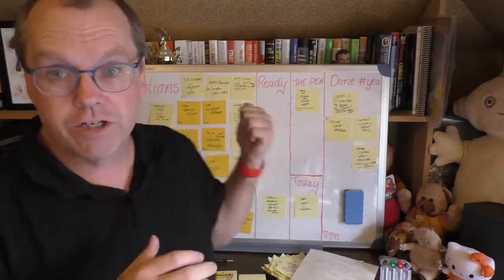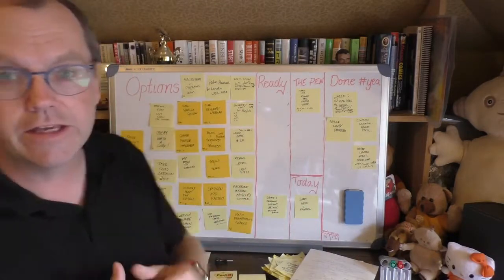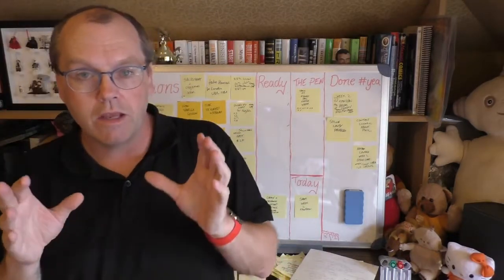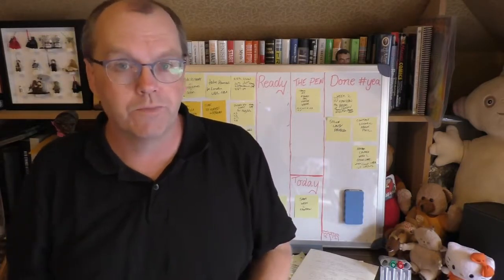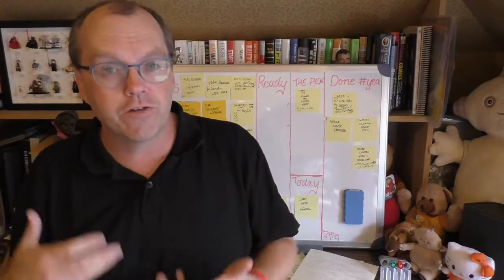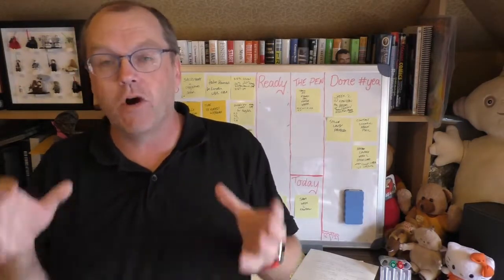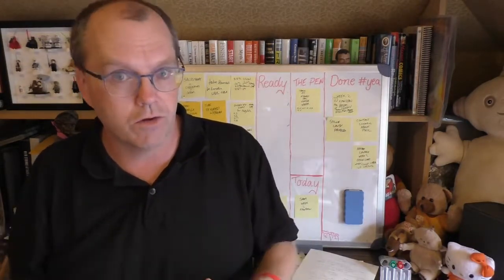So this options column, which is this part of the board, is literally where I stick up things that I might want to do. And the very first part of this process is populating our options column.